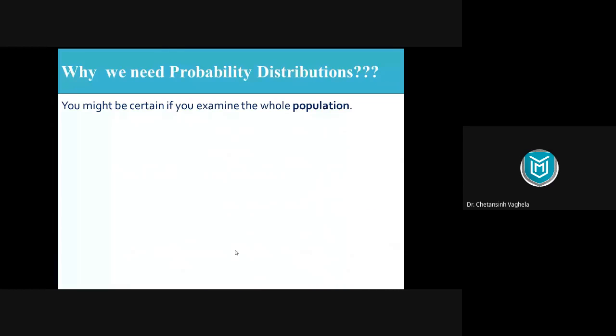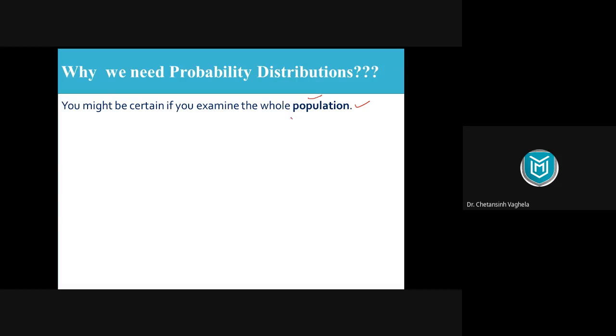Now, once again, let me stick with the similar topic. As I written that, you might be certain if you're going to examine the whole population. अगर मैं हर एक डेटा के साथ हर एक observation को observe करने के बाद कुछ conclude कर रहा हूँ, then I'm damn sure कि my results will be perfect, my prediction will be accurate.